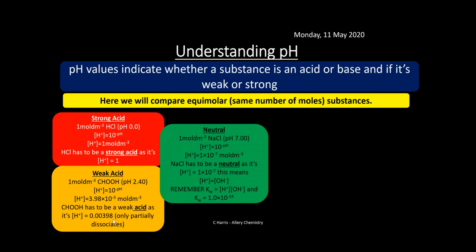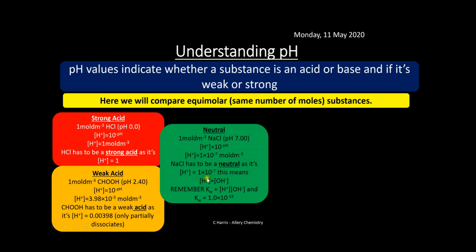Neutral substances, so these are green. You notice the color coding here for the pH, your pH tape. So for neutral solutions, 1 molar of sodium chloride, this is a salt which we know is neutral, has a pH of 7. You put it into the figures here, H plus equals 10 to the minus pH, and the concentration of H plus is 1 times 10 to the minus 7. Sodium chloride has to be neutral as the concentration of H plus is 1 times 10 to the minus 7.